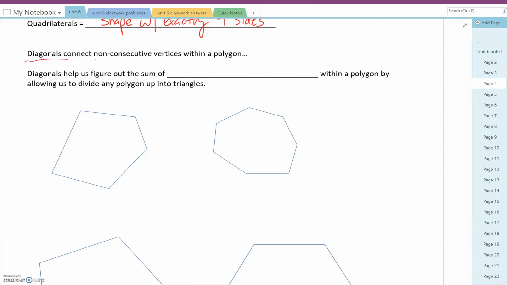The reason is that they help us figure out the sum of the interior angles within a polygon. And again, the interior angles are the ones on the inside. So when I talk about interior angles, I'm talking about these.